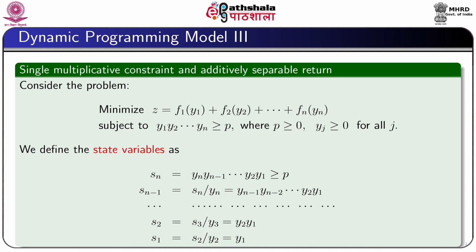Sn minus 1 is equal to Sn by yn, which is equal to yn minus 1 yn minus 2 dot dot dot y2 into y1. And similarly, we get S2 equal to S3 by y3, which is equal to y2 into y1, and finally, S1 equal to S2 by y2, which is equal to y1.